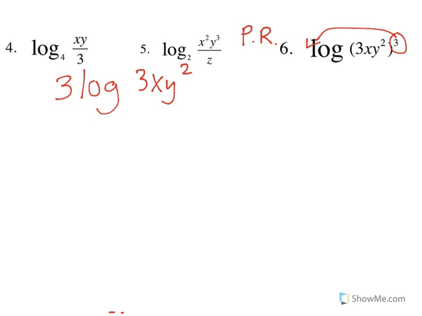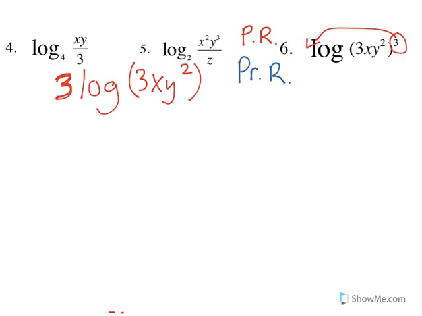So what we want to do for our second step is the product rule. We want to start separating some of this stuff. Now, we have to be careful, because all of that 3xy squared had the power of 3. So when we expand those using the product rule, all of them have to maintain that 3. Each logarithm that we're about to write is going to have that coefficient of 3 at the very front.